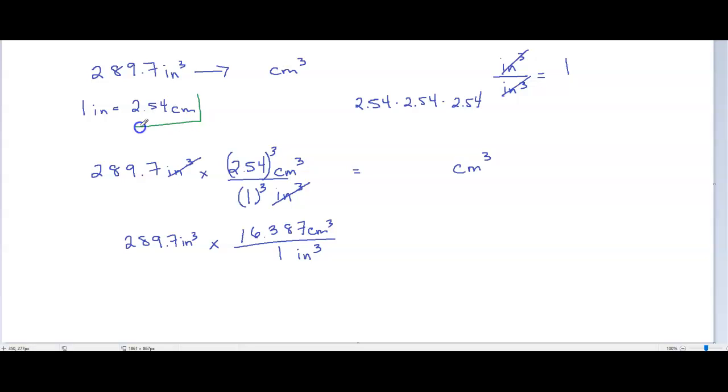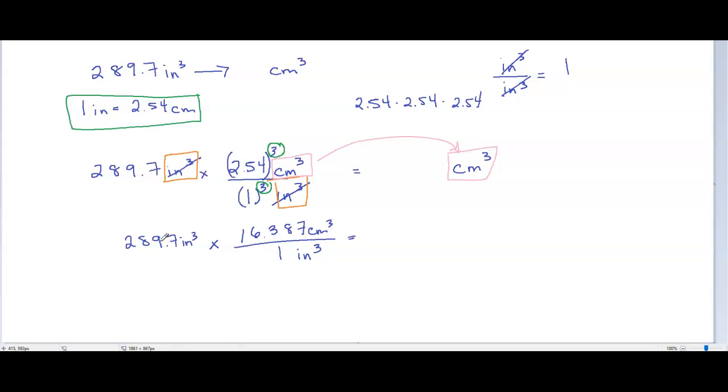When you have your linear conversion and you're moving to 3 dimensions, or 2 if this was inches squared, centimeters squared, make sure that you use that conversion, but you bring that power over, and that whatever unit you're trying to convert, that goes on the bottom so you can cancel it out. And whatever unit you're trying to keep, centimeters cubed, that goes on top.